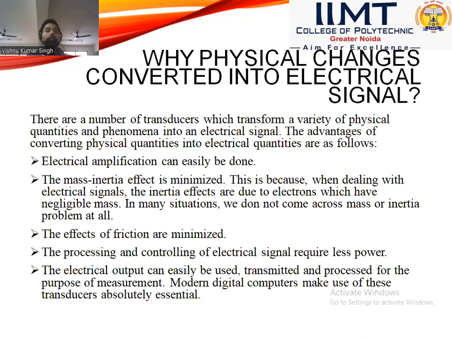The next point is that the effect of friction is minimized. The next is that processing and controlling of electrical signals require less power. Next, the electrical output can easily be used, transmitted and processed for the purpose of measurement. Modern digital computers make use of these transducers absolutely essential.